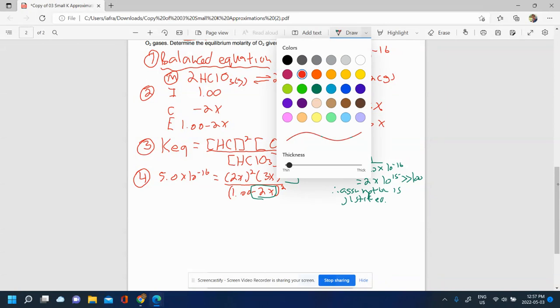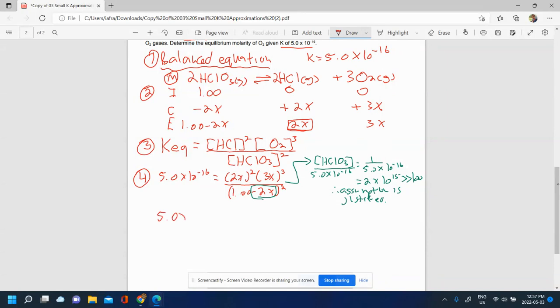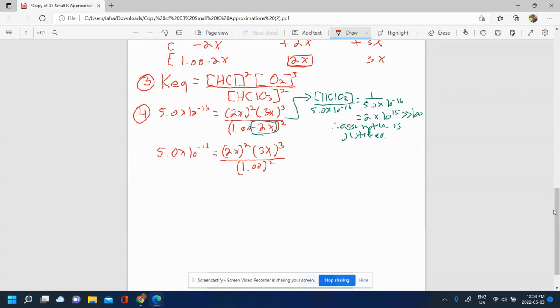So now we have 5.0 times 10 to the power of negative 16 is equal to 2x squared times 3x cubed over 1.00 squared, which is just 1, right? So I'll continue here. I'll get 5.0 times 10 to the power of negative 16 is equal to, okay, so this is 4x squared.